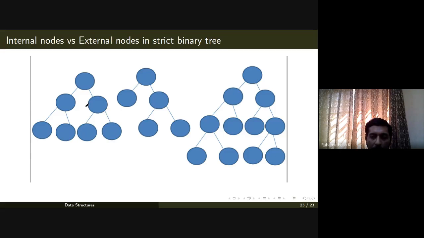So you have 3 internal nodes and 4 external nodes, 2 internal nodes and 3 external nodes, 5 internal nodes and 6 external nodes. From this, the pattern is very clear. In the case of a strict binary tree, the number of external nodes is internal nodes plus 1. E is equal to I plus 1.